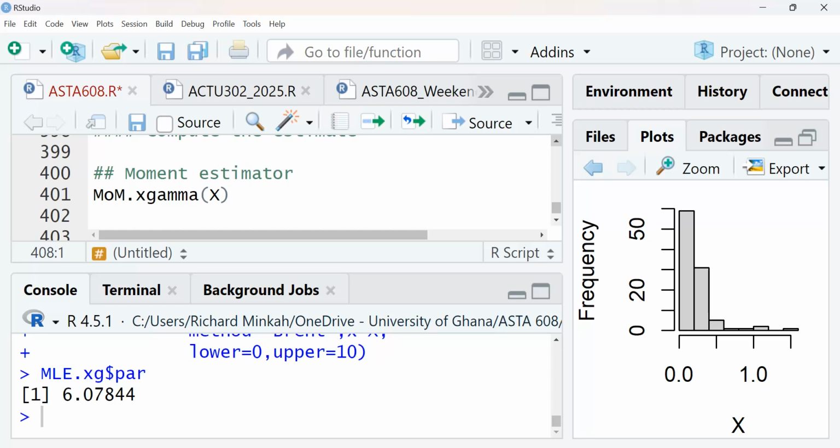But usually you have the range of values of a parameter. In this case, the parameter is positive. So you can choose 0 and infinity, but you give MLE more work to do because it has to search within a wide range to find it. Okay, any question on this?